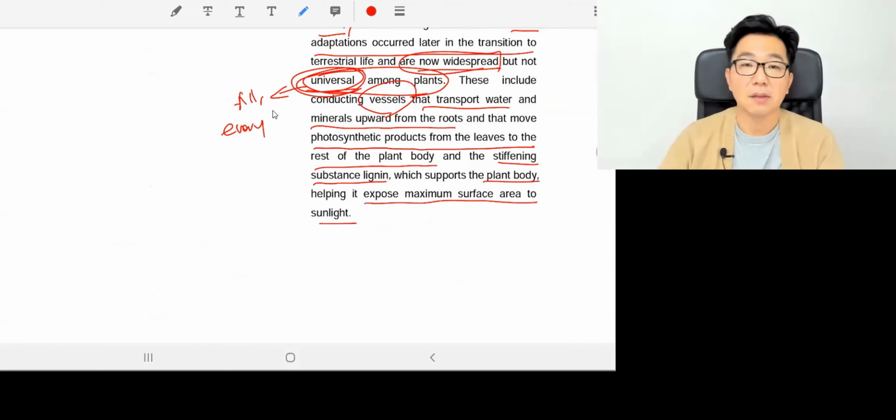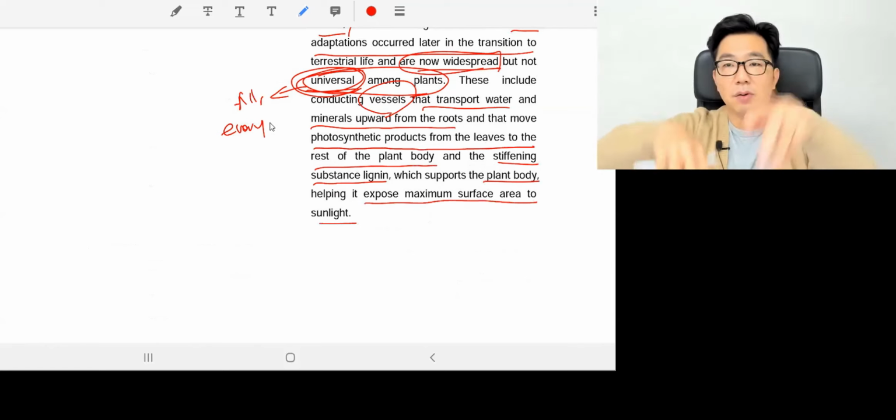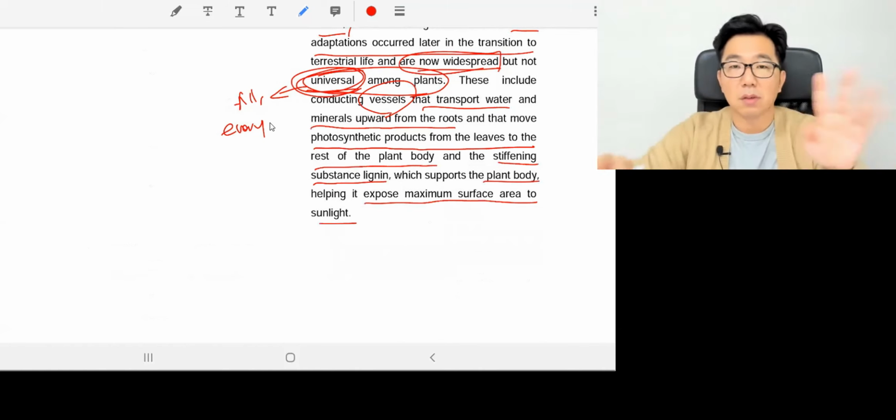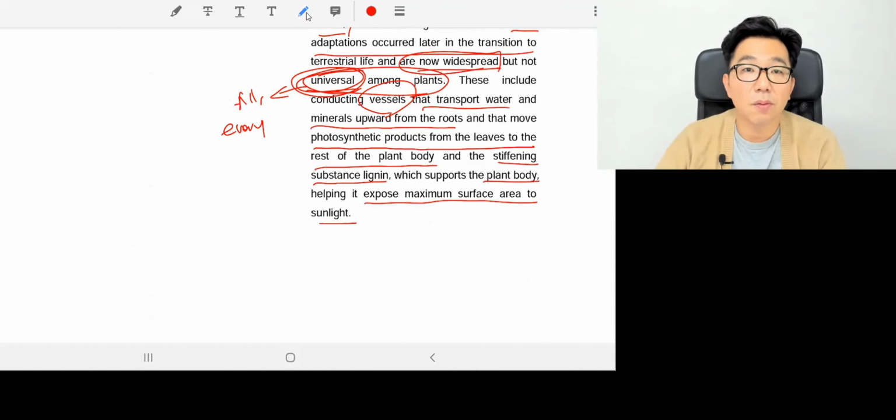Not lying down or squishy. So you get the point.